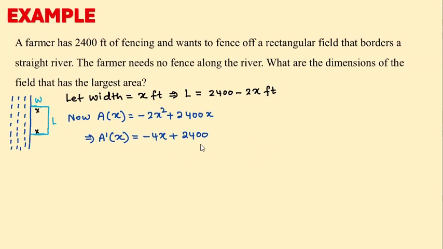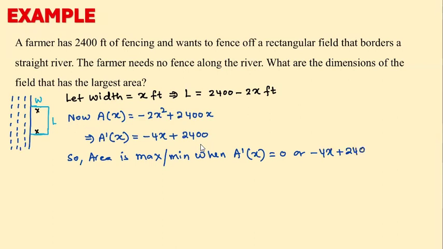So area is maximum, or it can be minimum, when negative 4X plus 2,400 equals 0. If you solve that equation, we get X equal to 600. So when X is equal to 600, we have a maximum or minimum value.